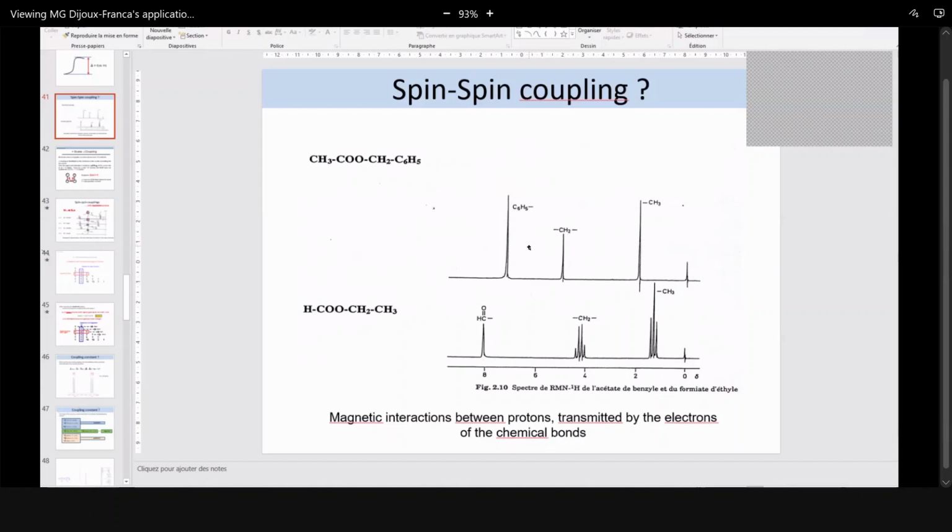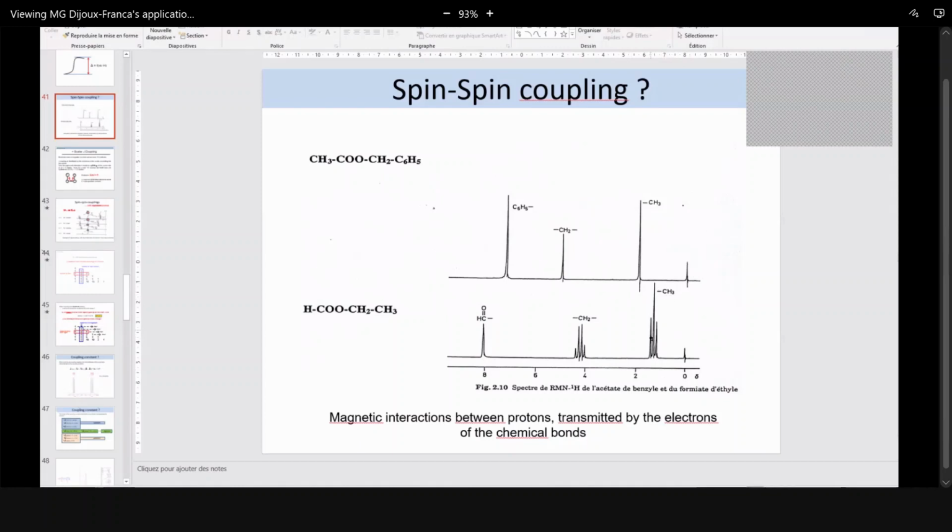And the third piece of information we can get on a proton NMR spectrum is the number of lines, what we call the multiplicity of each signal for each group of protons, which gives us information about what happens close around, in the neighborhood of the methyl group, for example.